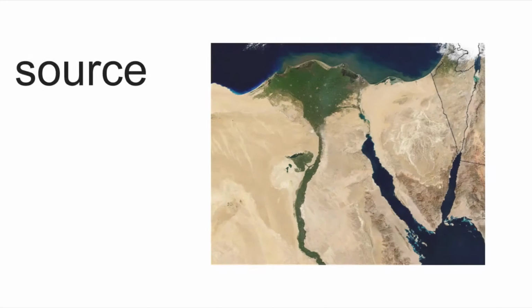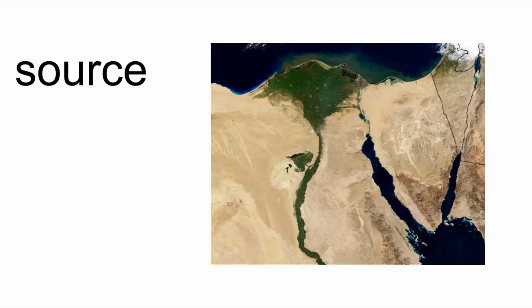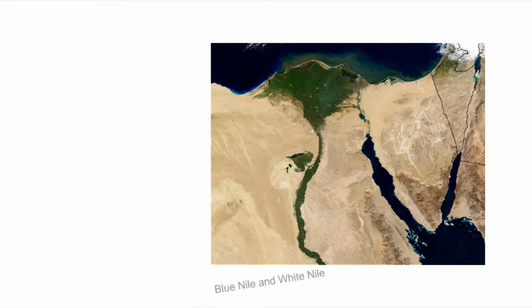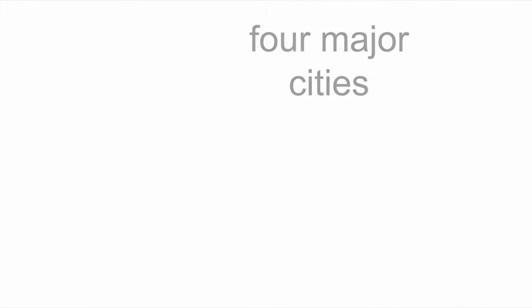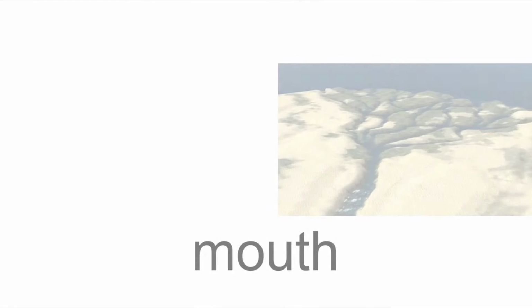The source of the river is where the Blue Nile and White Nile meet at a tributary at Lake Tana in Ethiopia. The river then continues through its journey through 4 major cities, including Cairo, and finishing at the mouth to the Mediterranean Sea.